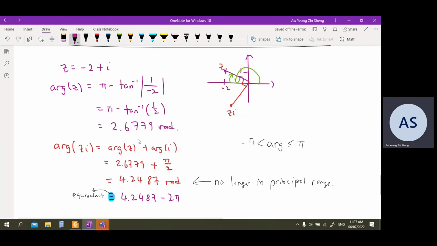And then that fixes the problem that 4.2487 and 4.2487 minus 2 pi are numerically not equal. But they are equivalent in the sense that they point towards the same direction. So if you press a calculator, you will get negative 2.03 to 3 significant figures. And then this negative 2.03 is within the principal range.